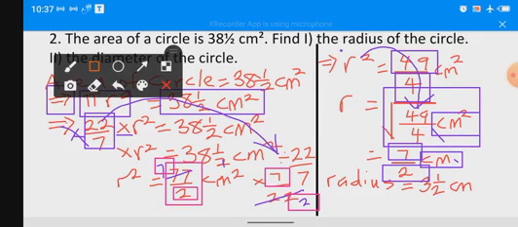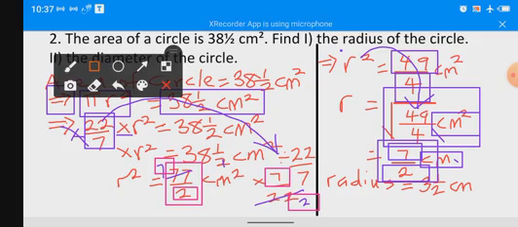Now 7 over 2 is an improper fraction. I've told you in previous clips that you should never leave your answer as an improper fraction. Change it to a mixed number. How do you do that? It's simply division. 7 over 2 means 7 divided by 2.